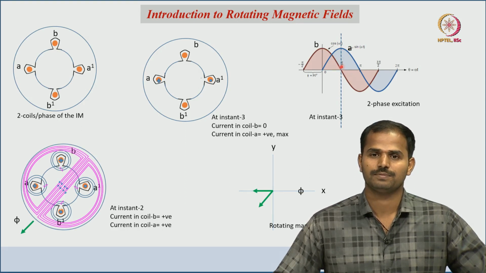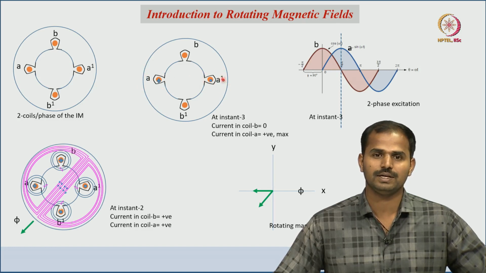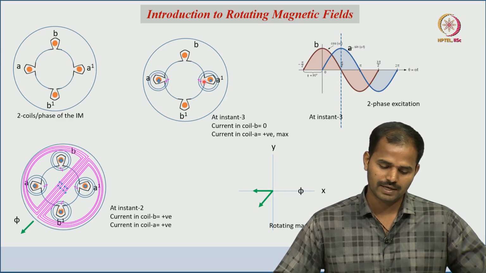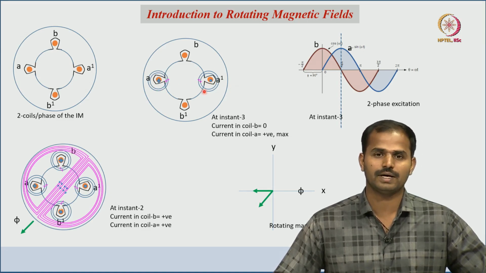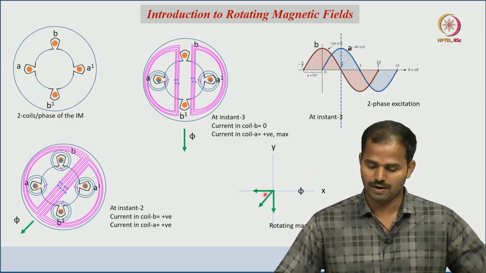We can see this, and there are no magnetic fields with respect to the B dash coil, and with respect to the A dash coil, at A we are seeing the cross, and at A dash we are seeing the dot. The flux loops will be like this. Apply the thumb rule: for the cross it is a clockwise direction, for the dot it is an anti-clockwise direction of flux loops, and the resultant flux vector is in this direction, and the same thing is drawn in the xy plot.